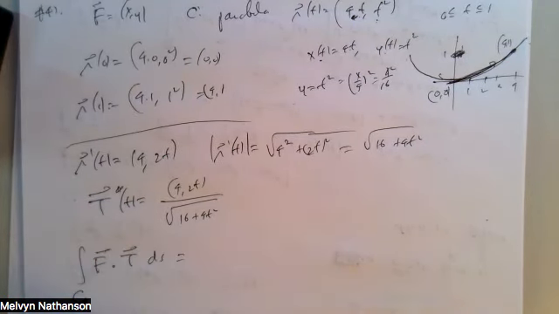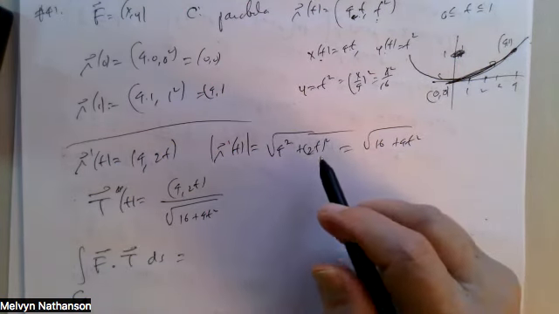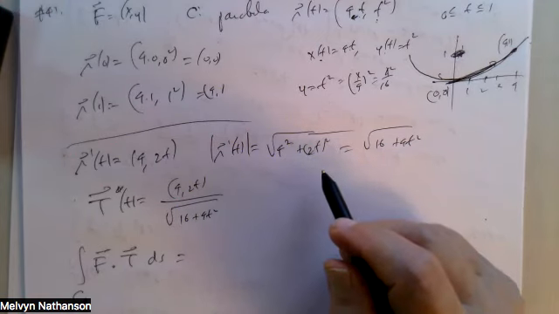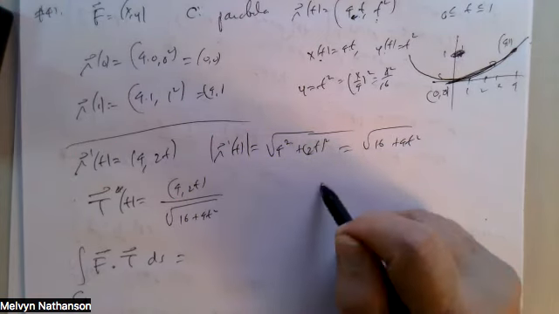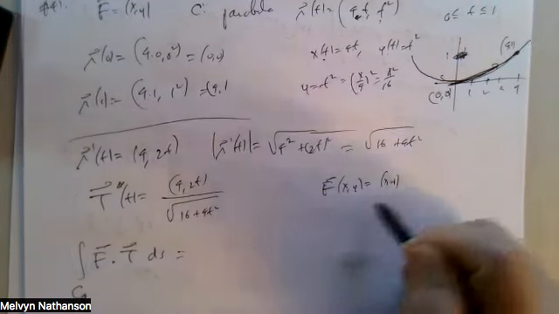It's going to be... f of x, y is equal to x, y.